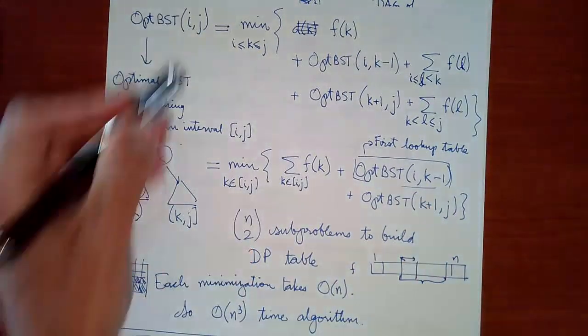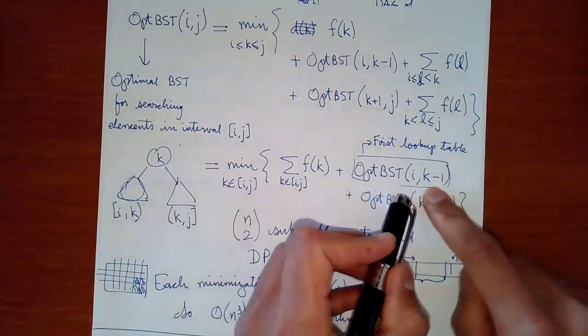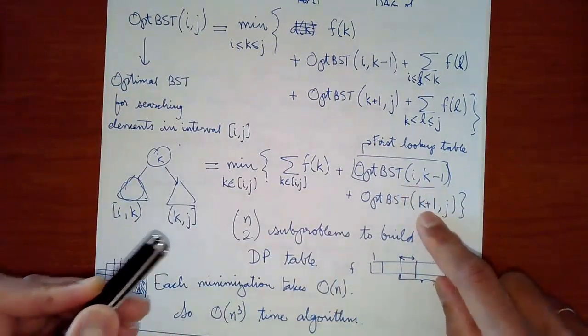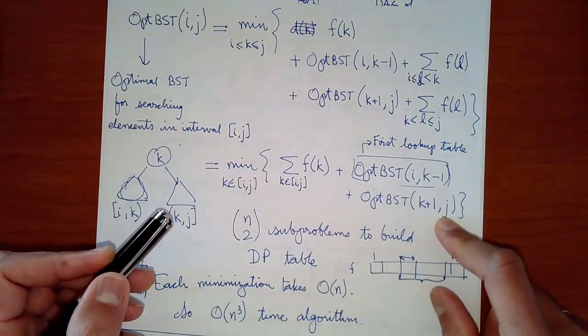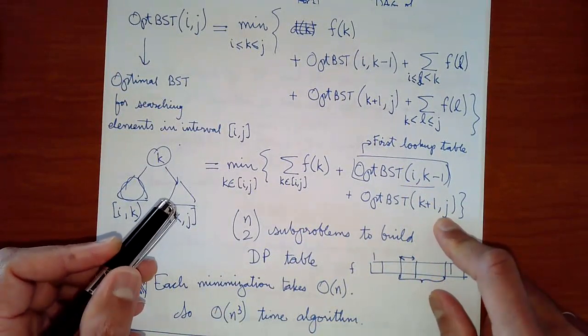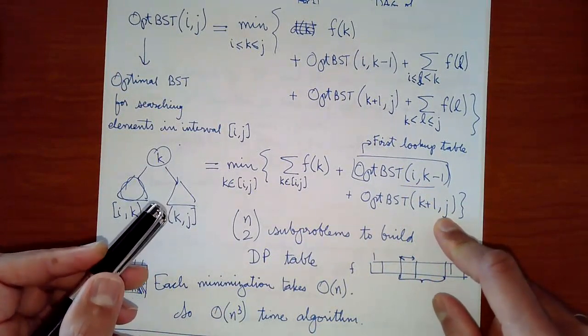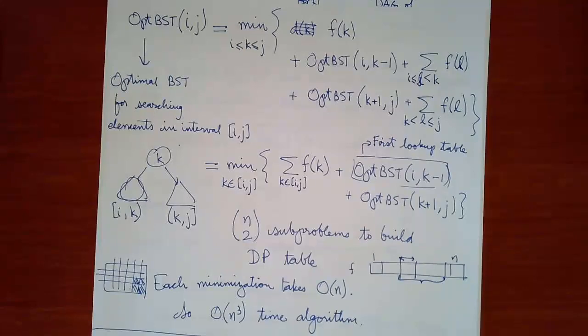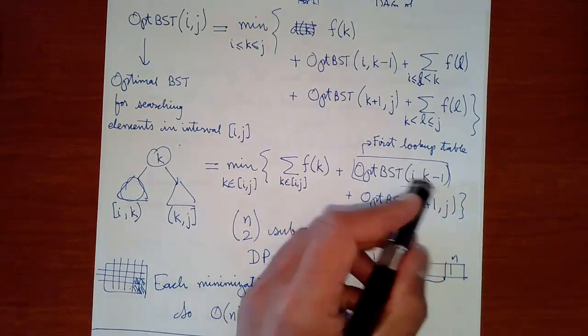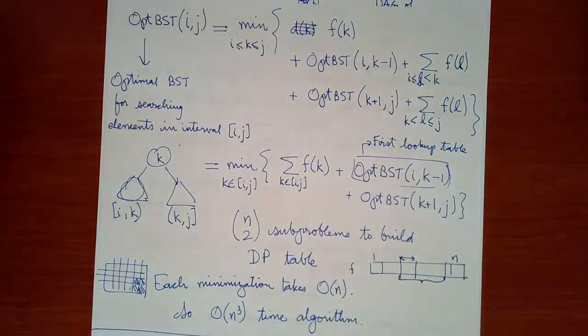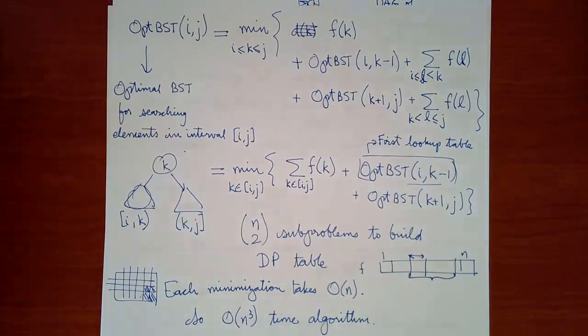So (i, j) will call all subproblems of the form (i, k minus 1) and (k plus 1, j). So for every possible recursive call, every setting of the arguments, there is a node. Does that make sense?